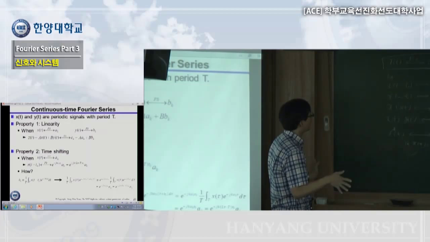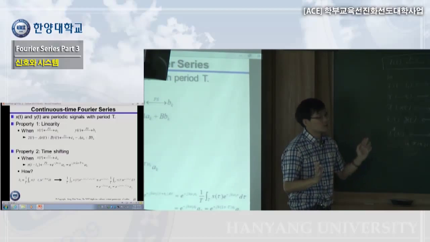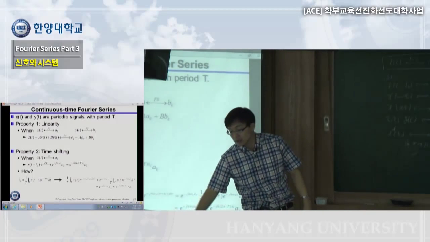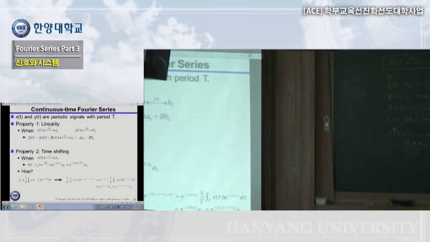If you have a linear system, which is shown in the slide, if you have a k and b k, and you want to find capital A constant times x plus capital B constant times y, the Fourier series coefficient is simply the constant multiplied by the Fourier series coefficient of x, plus the constant multiplied by the Fourier series coefficient of y. So linearity holds.